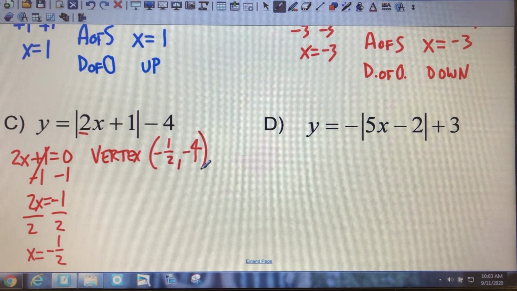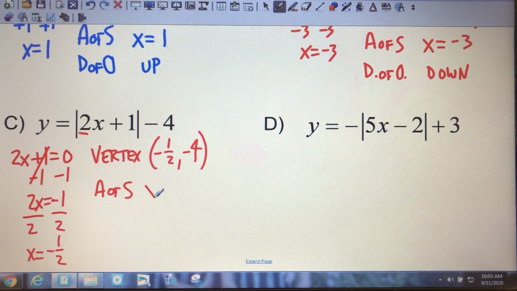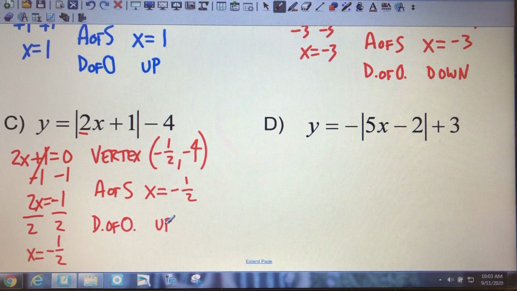So this graph would actually go to the left 1/2 and then down 4. Okay? So that's why it's important to get in the habit of setting that inside equal to 0. The axis of symmetry is that x equals -1/2, and the direction of opening here is up. It's positive out front. Okay?